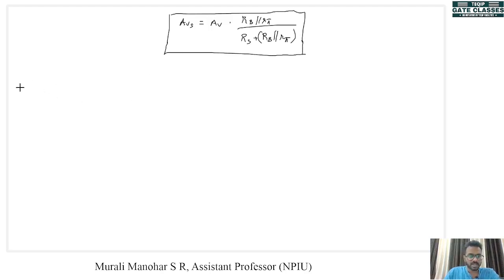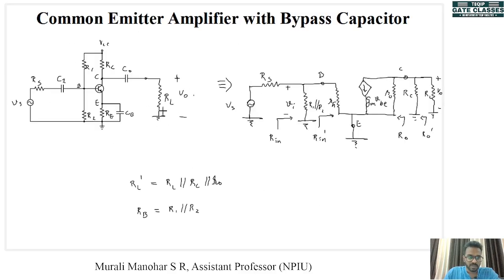Now we can find out the input resistance of this configuration or this amplifier, because in case of a BJT amplifier, the input impedance is only going to be resistive. So this is input resistance. This is Rin and this is Rin dash.